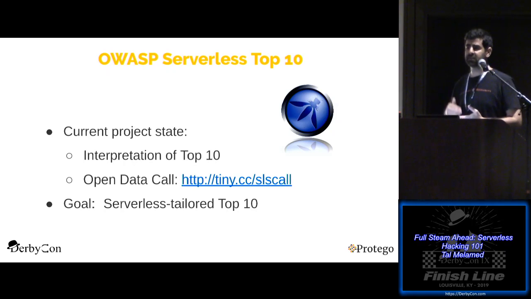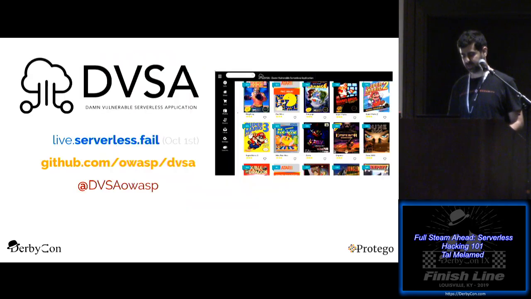Okay, some related content that might help you to dig more into that. So I started the OWASP Serverless Top 10 project. There is a final report ready, which at the current state takes the regular OWASP Top 10 and goes one by one and discusses how it is relevant to serverless, what the attack vectors are, what the payloads are, and what the mitigations are, which are different.